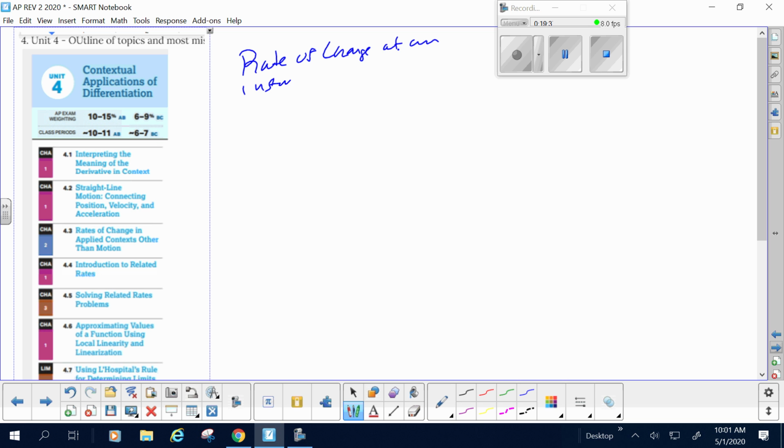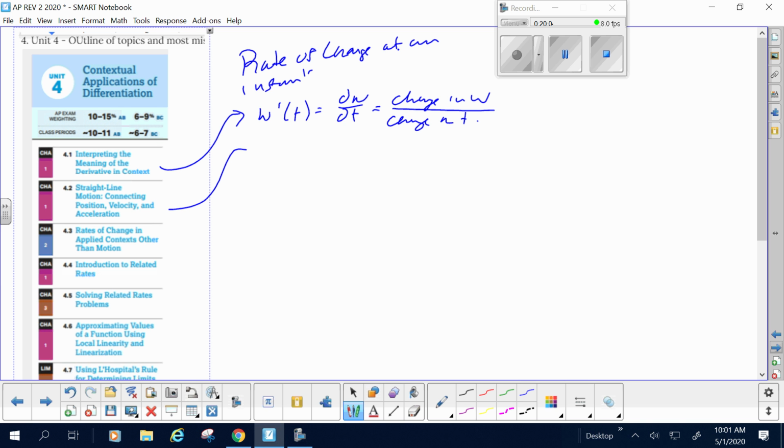When you go to interpret the meaning of this, it might help, instead of w prime at t, to think of this as dw dt, change in w, or whatever it might be, over change in time. Okay, it's a rate or a ratio of time. So it sometimes helps to take the prime notation and make it Leibniz notation so you remember it's a ratio of change.